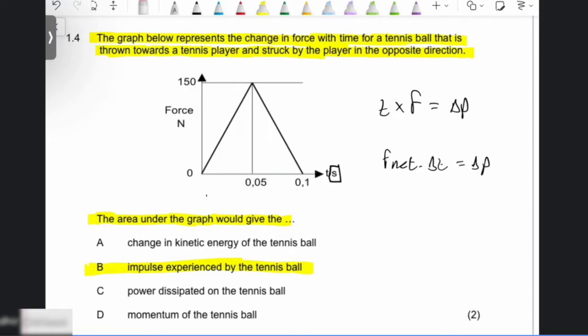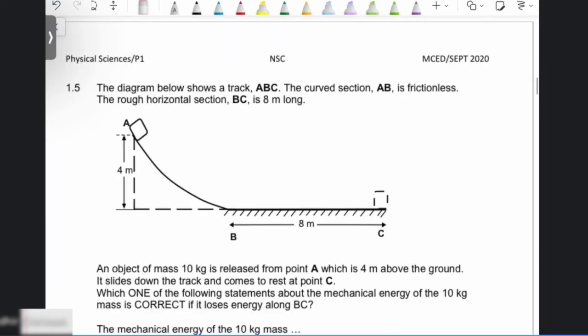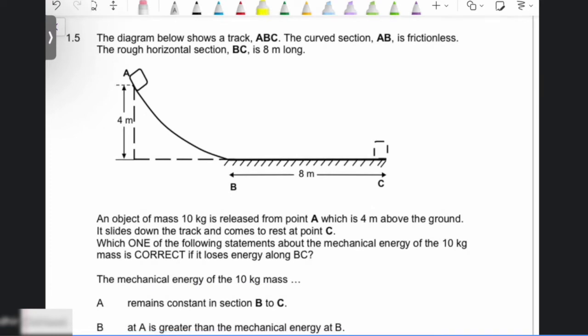Okay, now 1.5. It says the diagram below shows a track ABC. The curved section AB is frictionless. So that's no friction here. Nice. I'm pretty sure I've seen this diagram before somewhere. I can't remember from where. It says the rough horizontal section BC is 8 meters long.